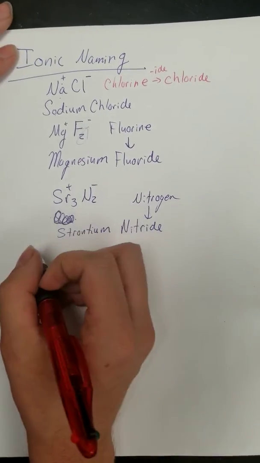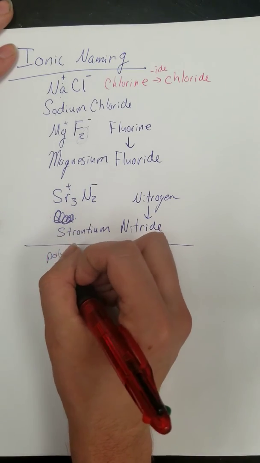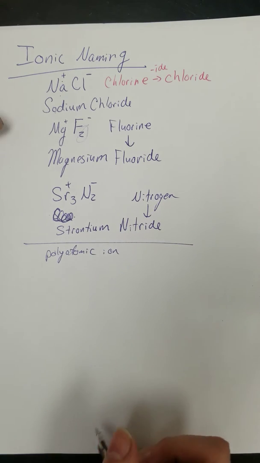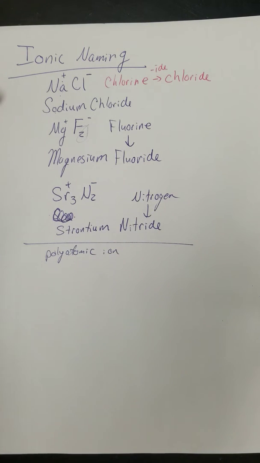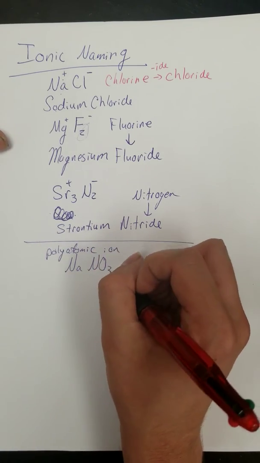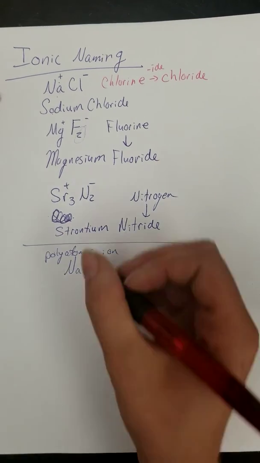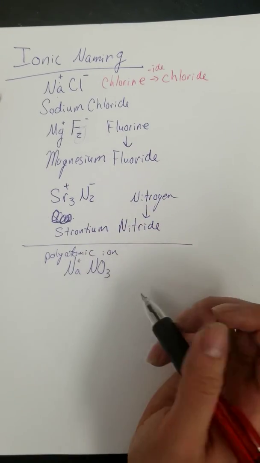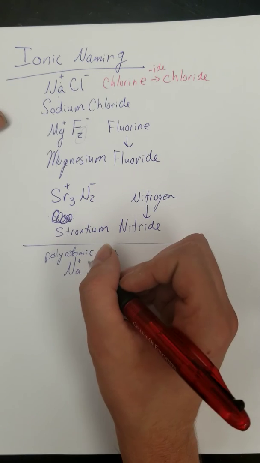Now, if you have a polyatomic ion, this is still an ionic compound, still the same rules, but now you've got more than one atom in there. So something like NaNO3. Our Na is still positive, but now we have this NO3 smashed in there.